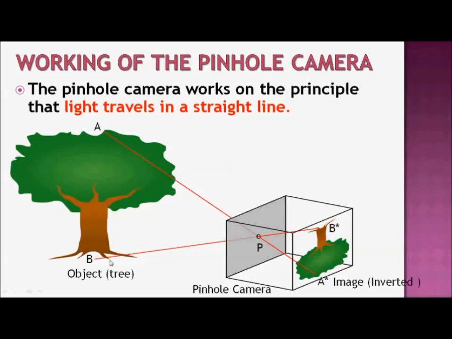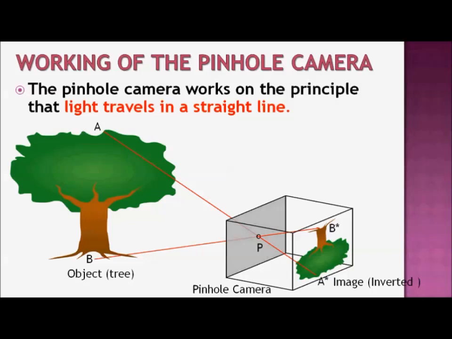Next, another ray of light, B, travels in a straight line and passes through the point P and forms an image at a point P star on the screen. Okay?